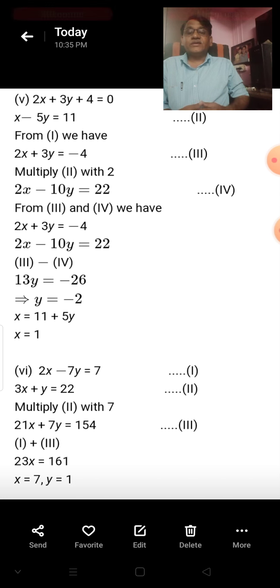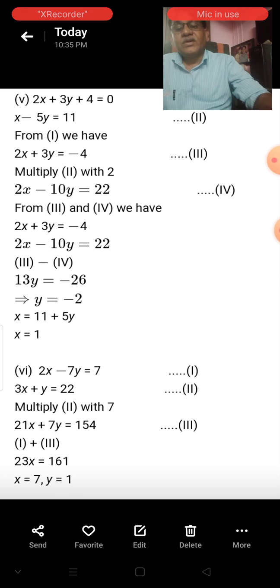So you get x plus 11 is equal to 11 plus 5, that is x is equal to 1. x is equal to 11 plus 10 minus 10, which is 1. So in this way you can get the value of x and y.